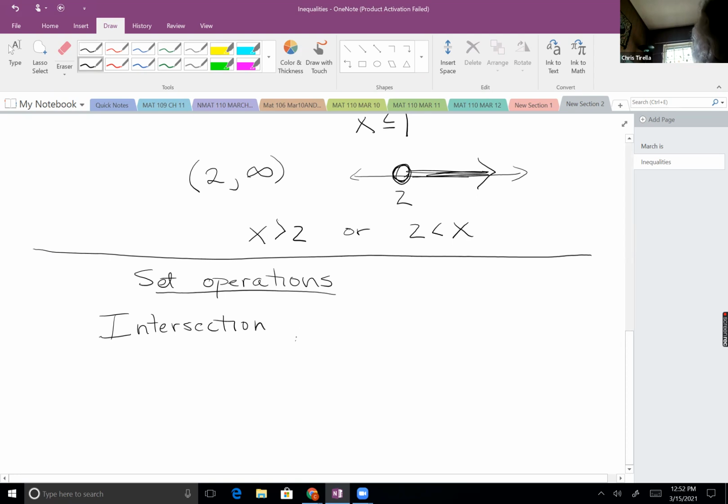And we had said that the symbol for intersection was kind of like this big, bold, upside down U. And the intersection was what was common to both sets. What's common to both? Or where they overlap.